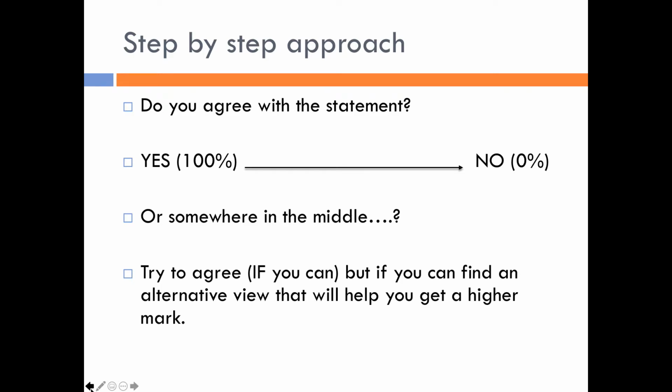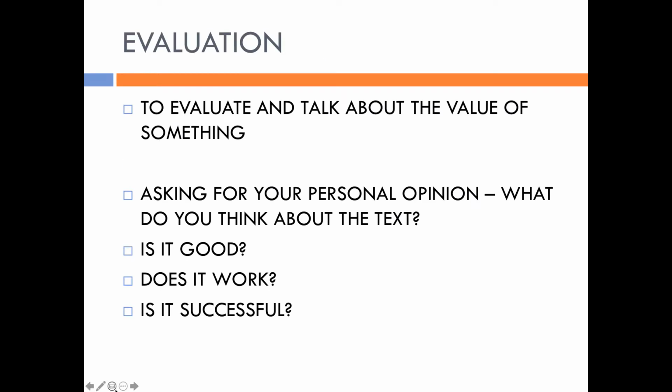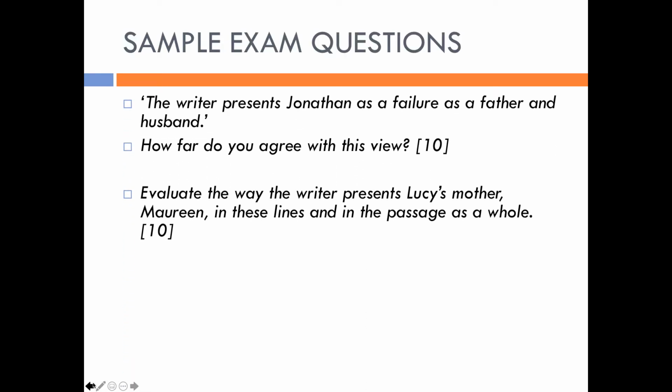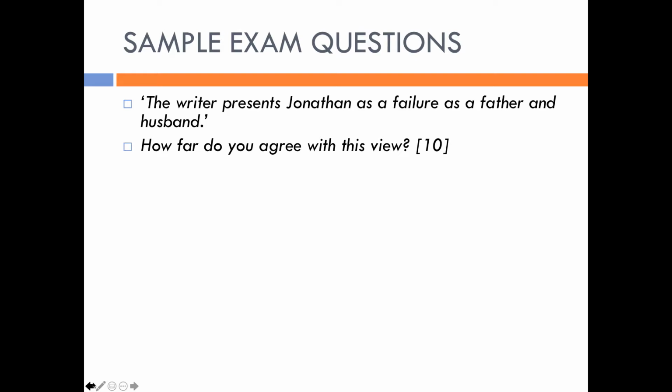So for example, if we go back to the sample exam questions, so this one here, the writer presents Jonathan as a failure as a father and a husband. How far do you agree with this view? In this particular exam question, it would be quite easy to argue that in some ways he wasn't a failure as a father and a husband.